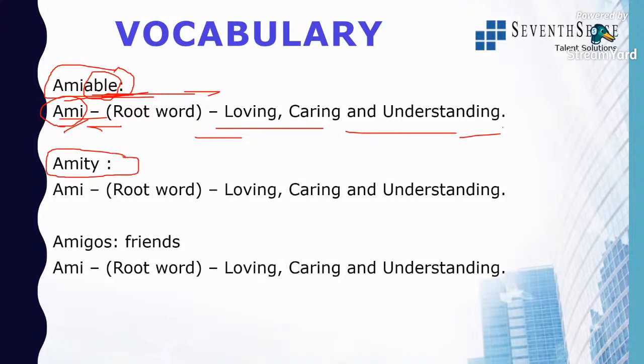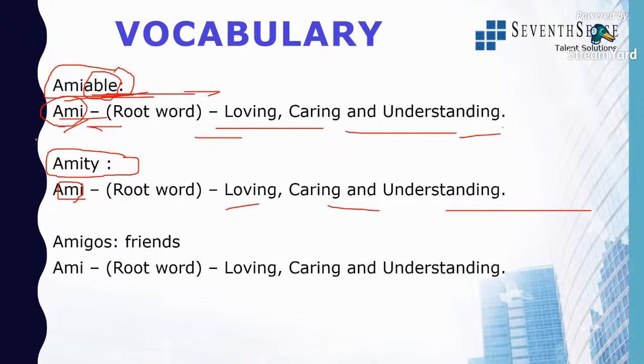Why the name Amity? AMI root word indicates loving, caring, and understanding. The university is telling the students that we are loving students, we are caring for the students, we are understanding the students. That's why the name Amity.